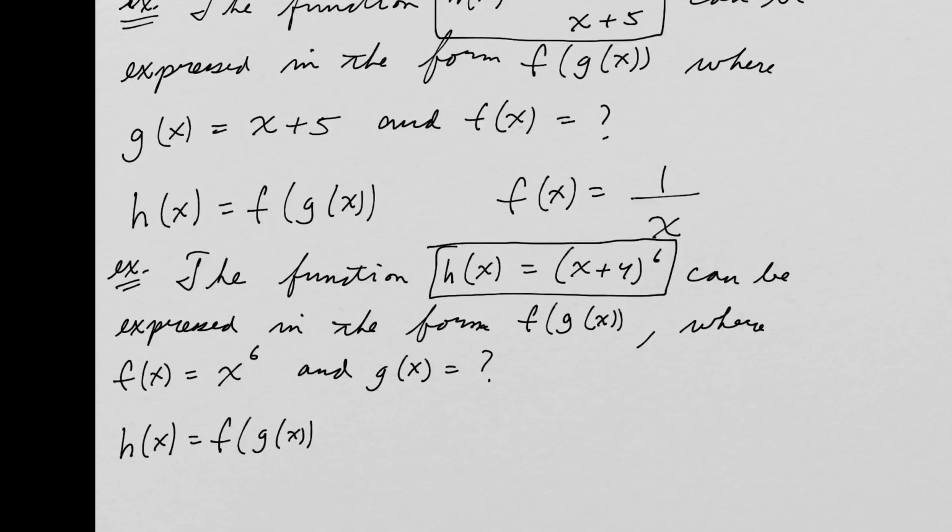So f of x is x to the 6th. What must g of x be so that I get h, which is x plus 4 to the 6th? Okay, so g is the inside function. So what would I plug into f to end up with h? Well, g must be simply x plus 4, right? Because if I substitute that in for the x there, then I'm going to get my h function. I'm going to get x plus 4 to the 6th power.